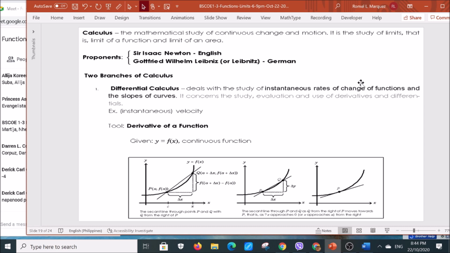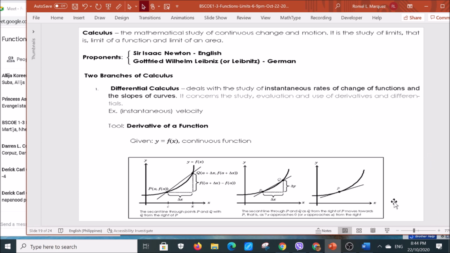Without knowing it, these two people, these two countries, invented the same thing, calculus, independently. Imagine that: different symbolisms, but they came up with the same concept, the same idea, and that is calculus.